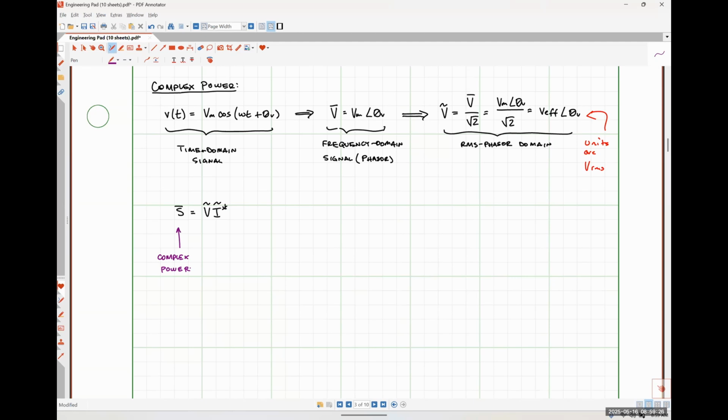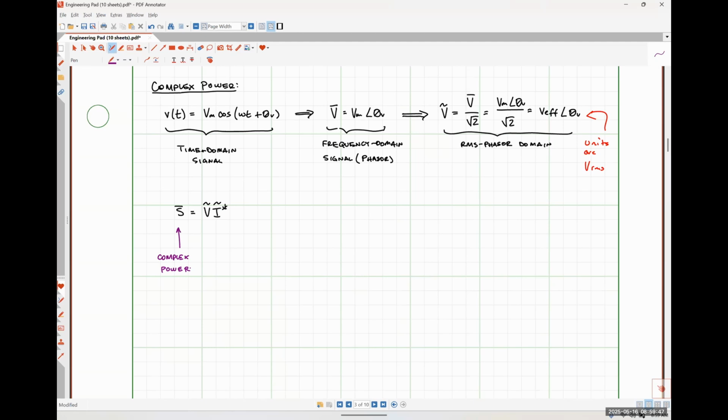There are units. So this is where things get wonky. The units of complex power is the volt ampere. So we all know that a volt times an ampere is a watt. But watts are what are used for average power, and complex power is different.